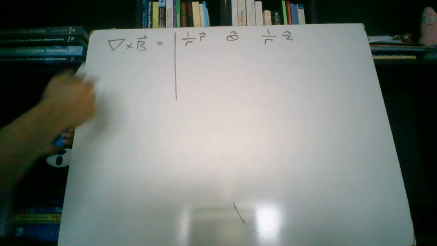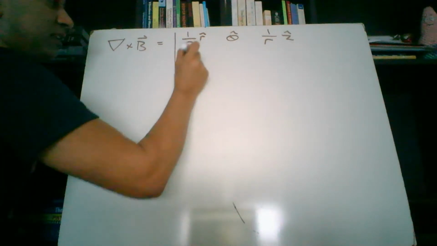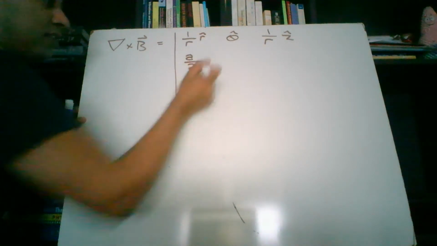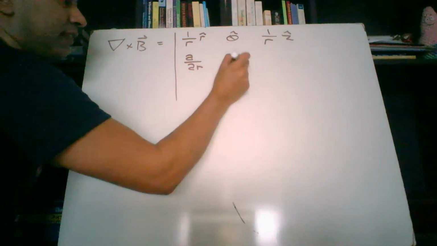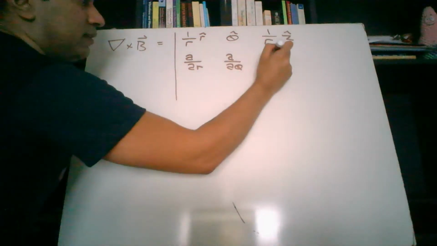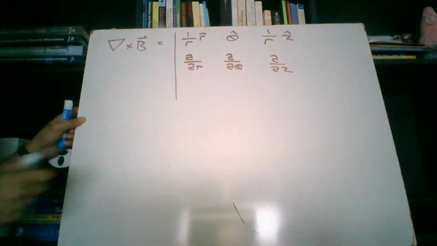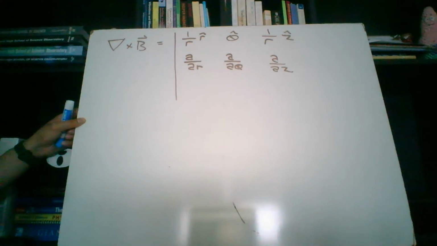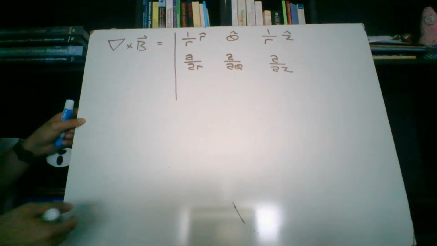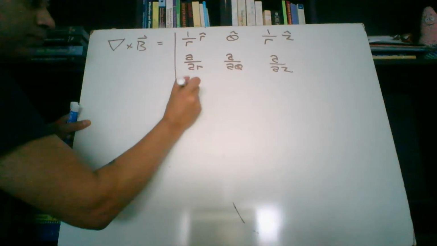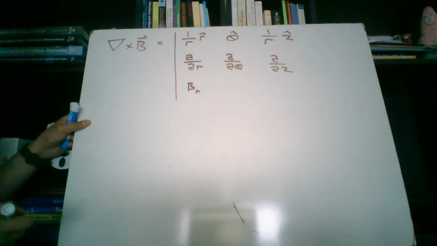And then we do the same thing we do with the determinant here. So it's going to be d with respect to r now, d with respect to theta, and then d with respect to z. So that's the partial derivative. And then over here on this side, we're going to have to put it in cylindrical coordinates. So this is going to be B as a function of r.